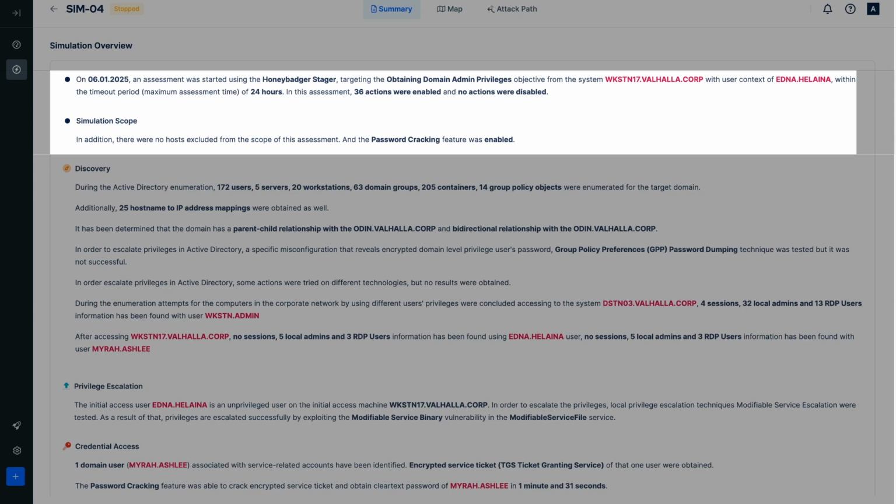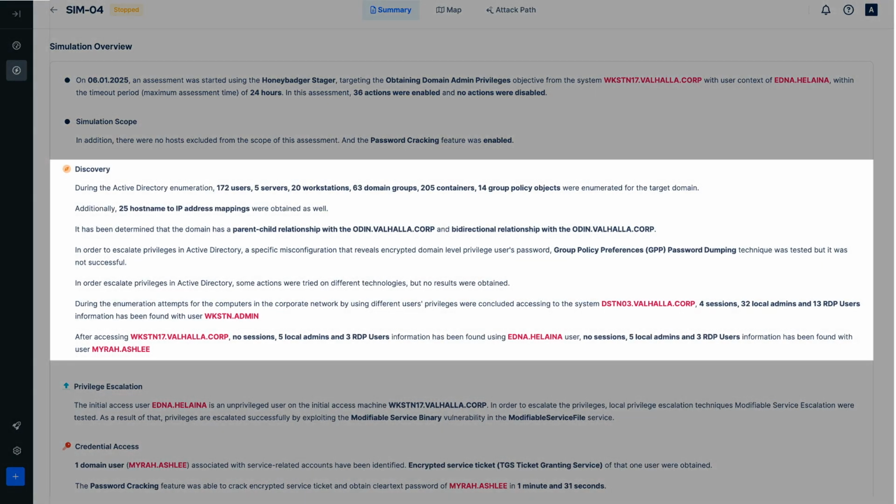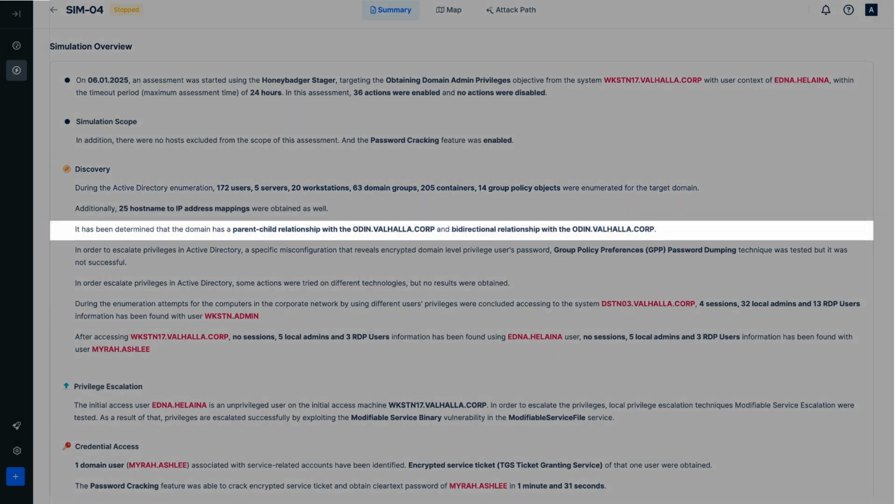The discovery section of the summary shows all the information collected during the assessment. Throughout the assessment, Picus APV collected information about 172 users, 5 servers, 20 clients, 63 groups, 205 containers, and 14 group policy objects. Picus APV had also discovered that there is a parent-child relationship with the odin.valhalla.corp domain, and this relationship is bidirectional.